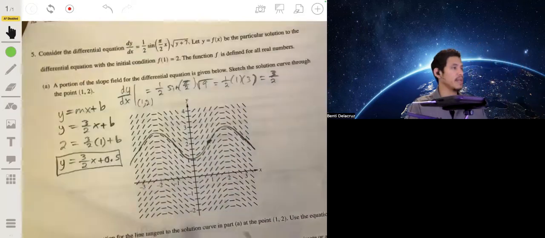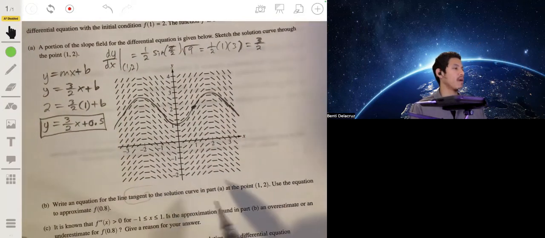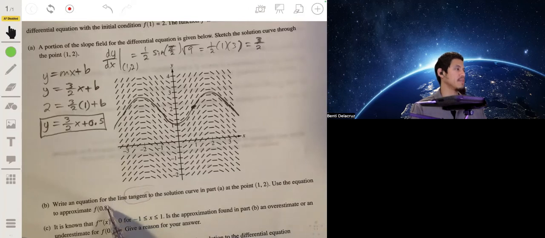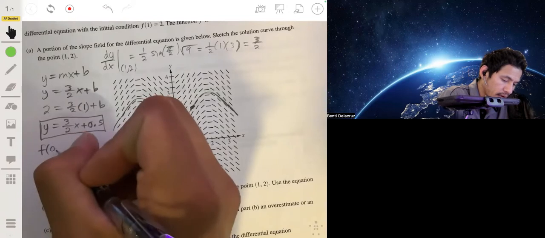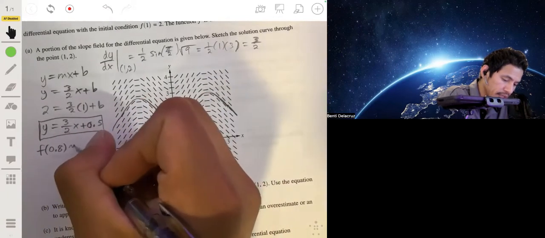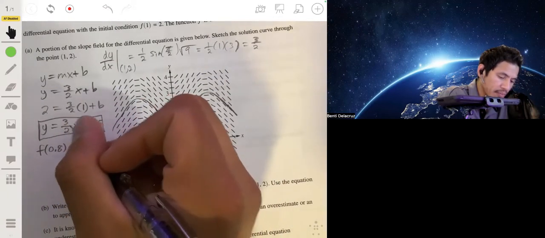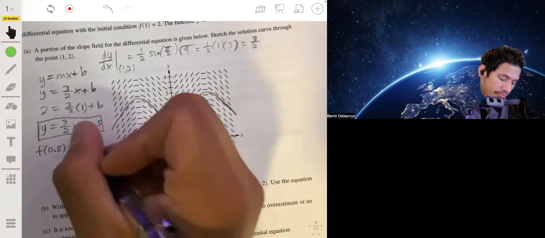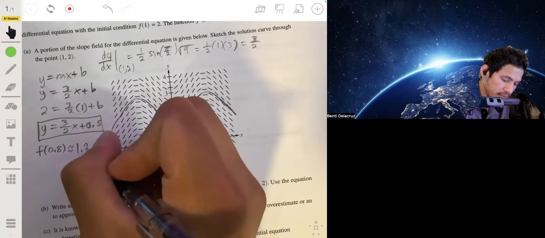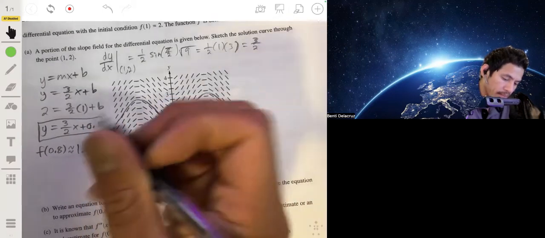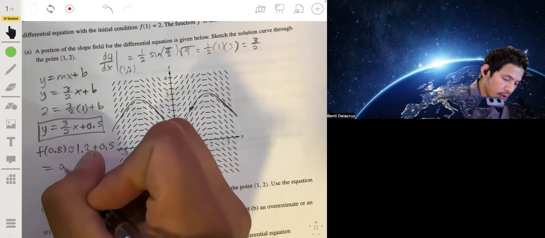Now, if we're going to estimate the value at 0.8, you simply plug 0.8 into this equation and calculate. So f(0.8) using this equation will be about 1.5 times 0.8, so it's like 1.2 plus 0.5, and that would be 1.7.